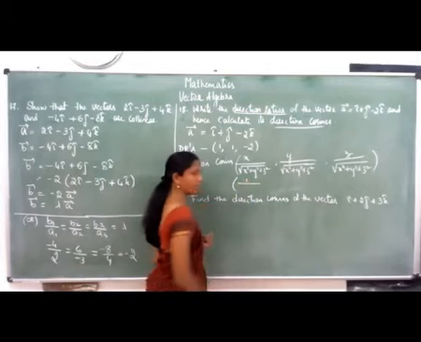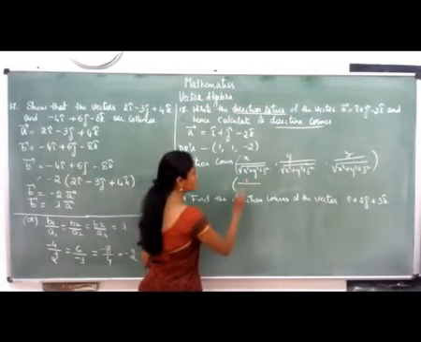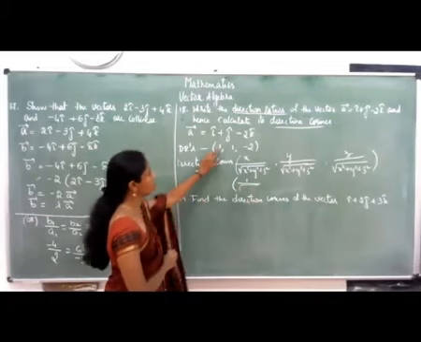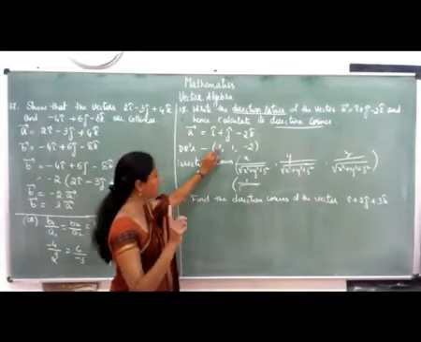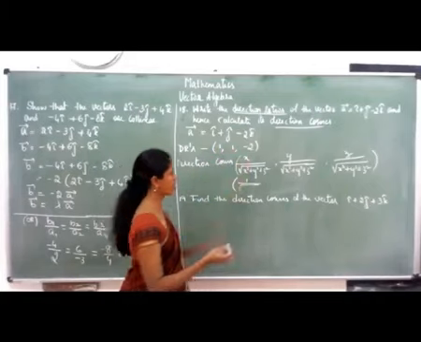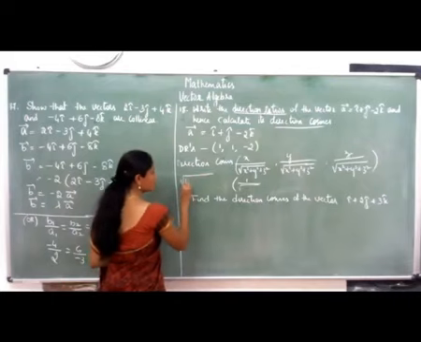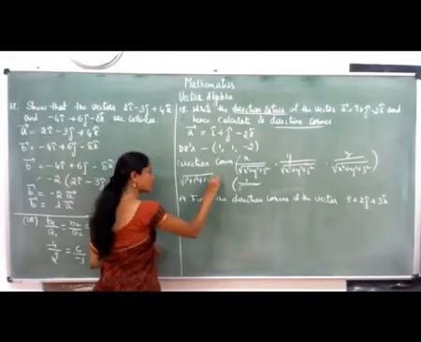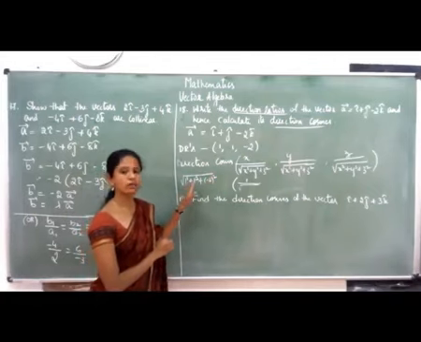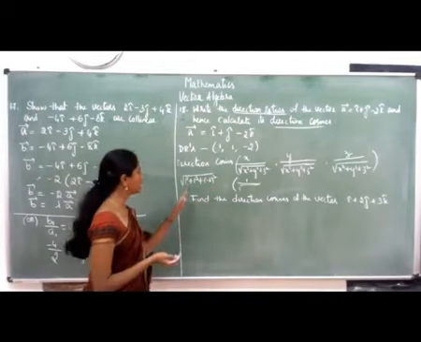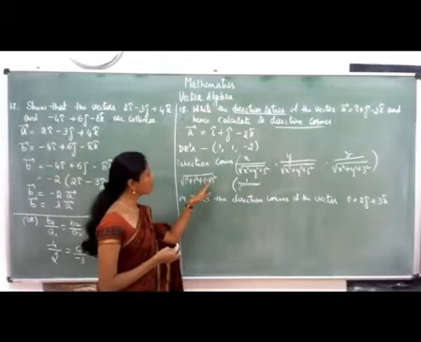So 1 divided by root of x square plus y square plus z square. Let us simplify: 1 square plus 1 square plus minus 2 the whole square. This is your x square plus y square plus z square. When I simplify this, what will I get? It is 1 plus 1 plus 4.